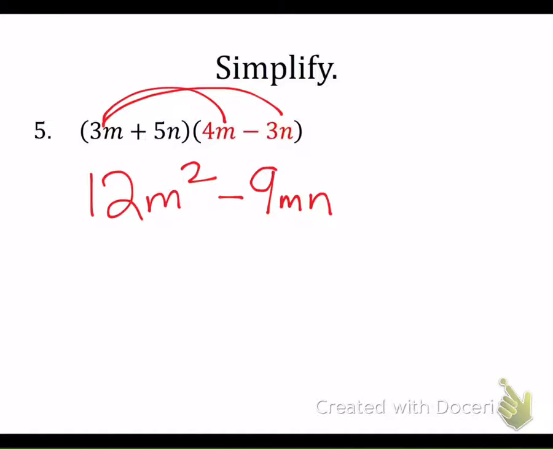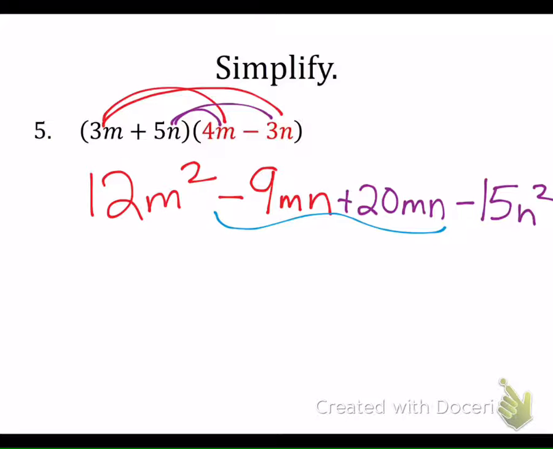What is 5n times 4m? 20mn. Good. What is 5n times a negative 3n? Negative 15n squared. Good. Now what? Combine those like terms. Yeah, we got some like terms in the middle. Negative 11. Good.